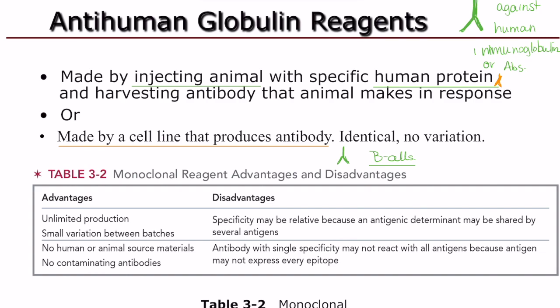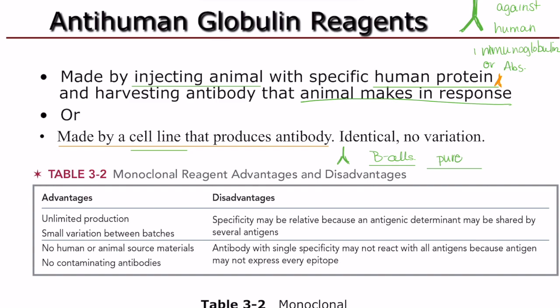And they're identical because they're B cells. They just make the same antibody, exactly the same. And we utilize that then. And this is a much more pure, much cleaner way to do it because it's just the cell lines. We don't have all the extra proteins from the animal and so forth. There can be a lot of different variations in how the animal makes the antibodies, just like humans. So the cell lines make us much better reagents.